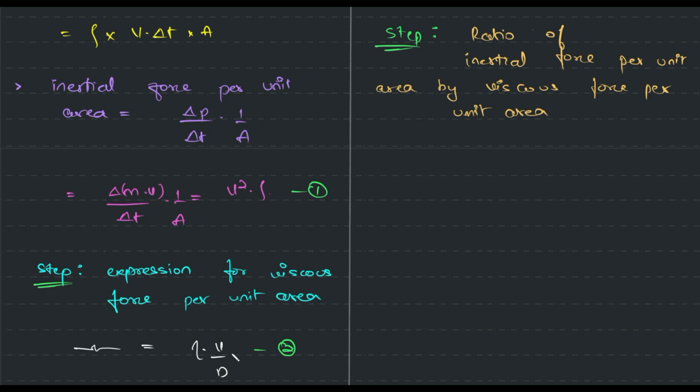Okay, guys, I used a shortcut, sorry. I didn't do divided by A and all of that. So this is your final expression per unit area. I'm dividing 1 by 2. So v square rho divided by eta v by D. And when I work it out, I'll get v rho D by eta. And this is nothing but your Reynolds number, hence proved. So your Reynolds number can be given by inertial force per unit area divided by viscous force per unit area.